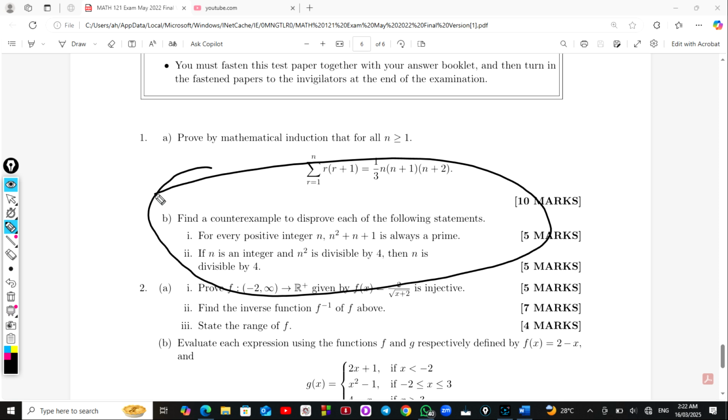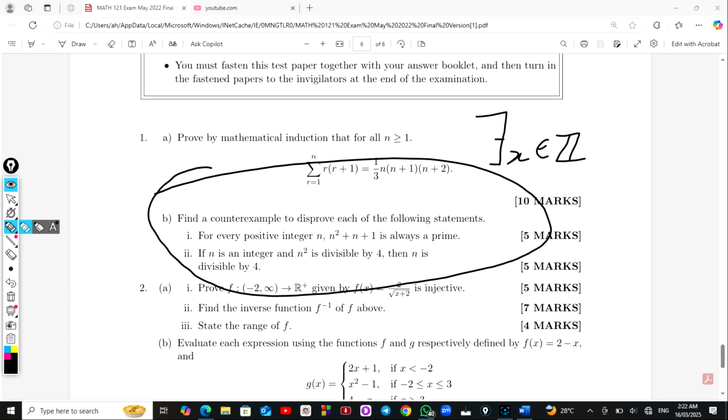So we are going to find a counterexample such that there will exist an integer, let's say x, which is an integer, and such that x is not a prime number.